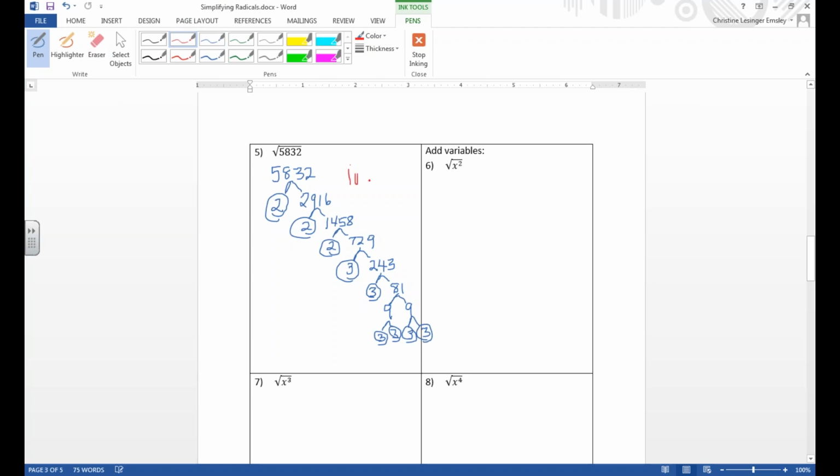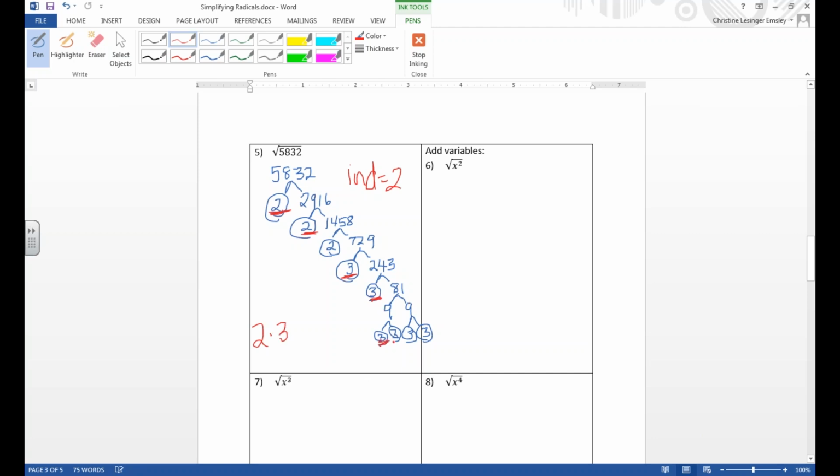This time again, our index is 2 because it's a square root. So we are looking for pairs of numbers that can come out. Right here, 1, 2. There's a pair of 2s. And there's 1, 2 that's going to be outside of our radical. There's a pair of 3s right there, so that's 1, 3 that can come out.